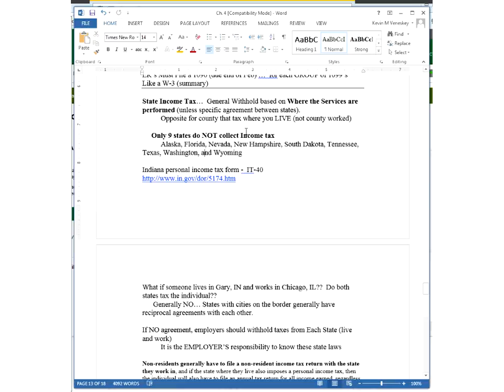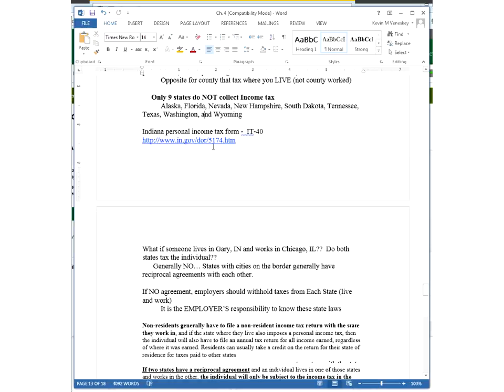You're going to have to pay income tax in each one of those states that you performed your service, even though you lived in a state that has no income tax. You're still going to be filling out possibly up to 41 different state income taxes. And that's usually where somebody would want to hire an accountant.